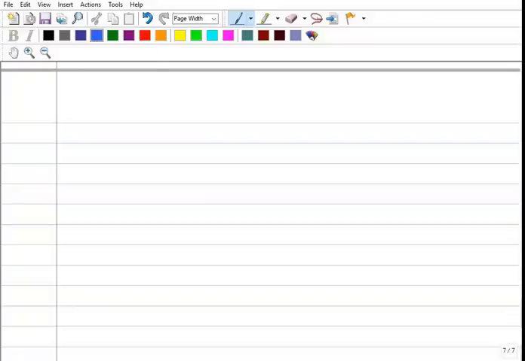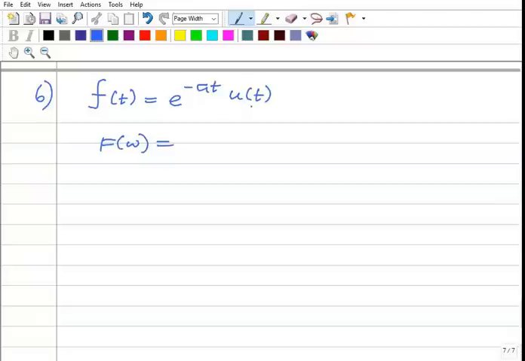So this signal f of t is e power minus at u of t. So F of omega for this signal, directly I am writing the integral limit because u of t is there, so I am writing from 0 to infinity.